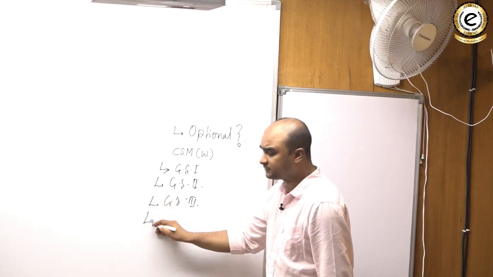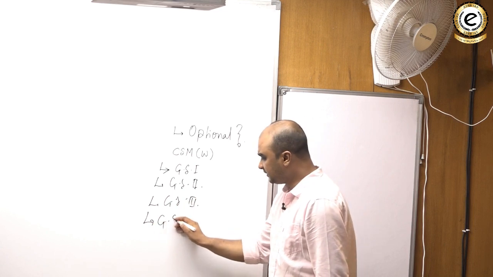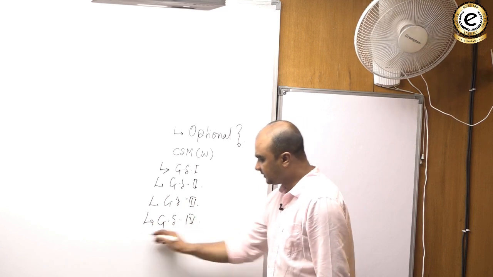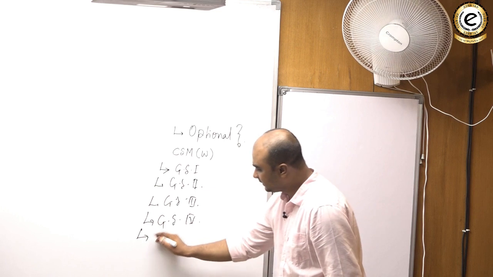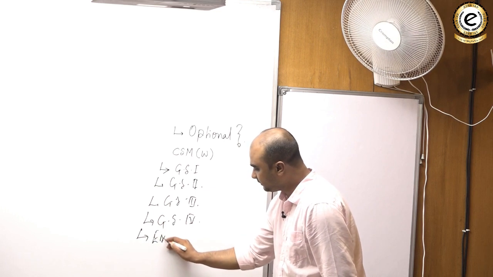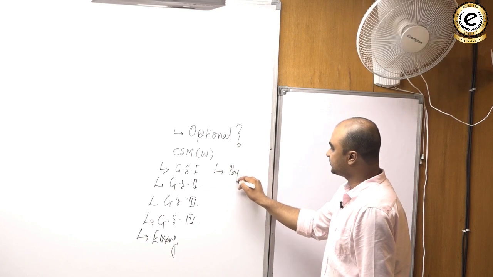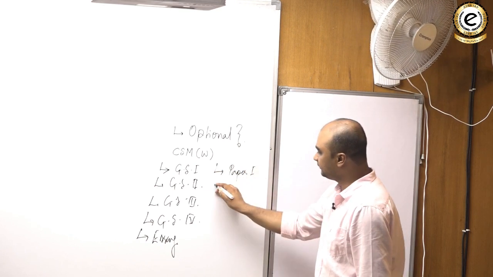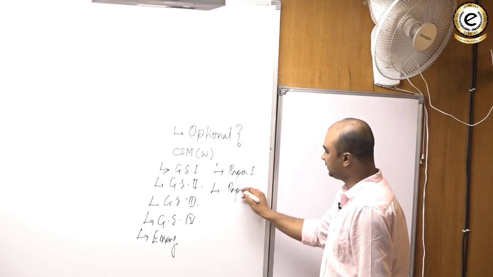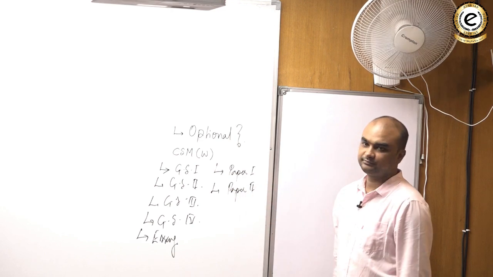I'm talking about those subjects which are counted for generating the merit, GS4, and then you have the essay paper, and you have two optional papers, which is optional paper 1 and optional paper 2.